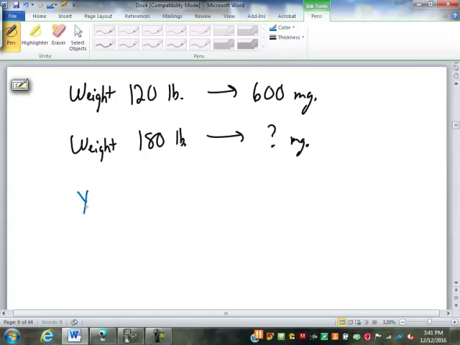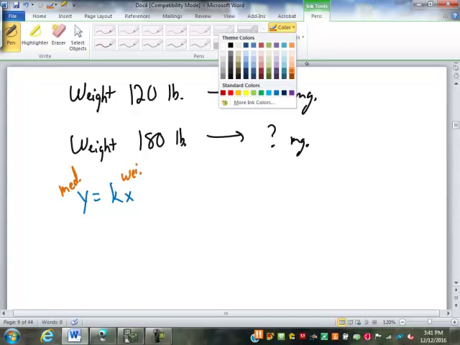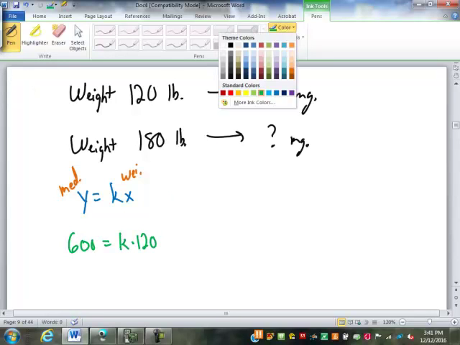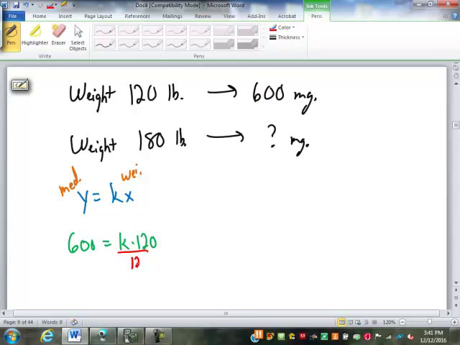So again, we know that Y equals K times X, where we are going to let Y equal the medication in milligrams and X equal the weight in pounds. So we know that there was 600 milligrams prescribed to the person who weighed 120 pounds. So we divide by 120, and we get K equals 5.